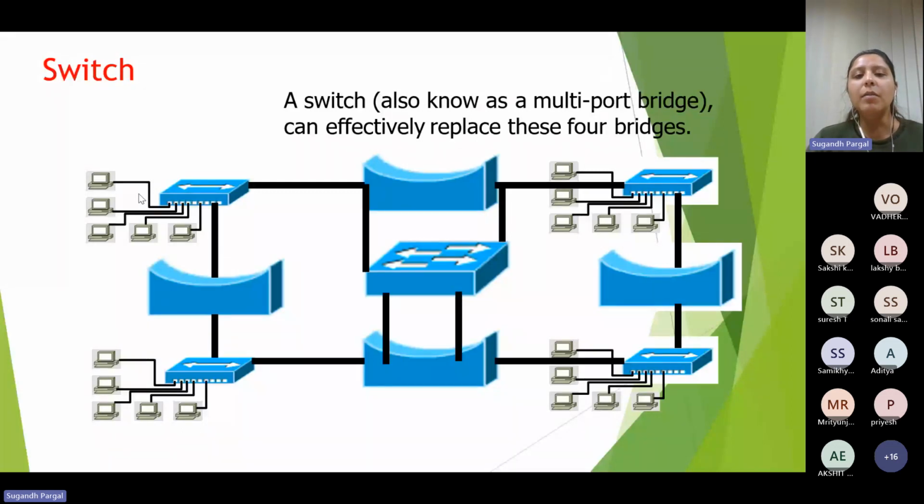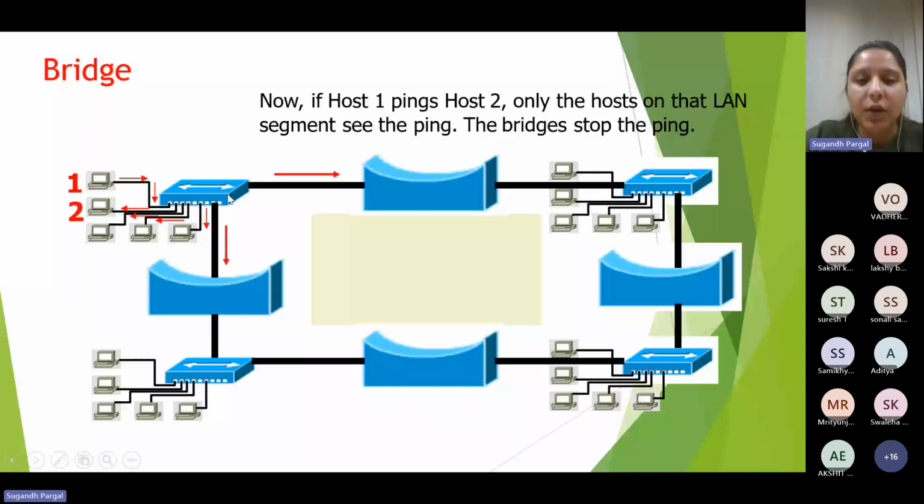Similarly, in the case of multiple MAC address filtering, we require a switch as a multi-port bridge, which can effectively replace these four bridges and be used directly. These are the four bridges that you can see, 1, 2, 3, 4. So it replaces all four bridges, and we can use only this switch for easy connectivity of these machines.